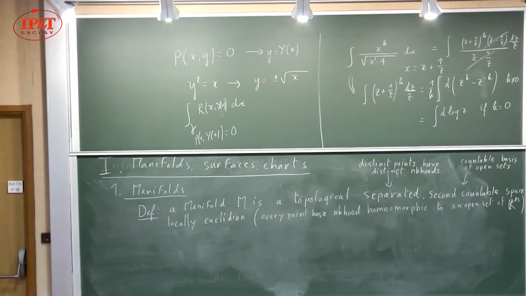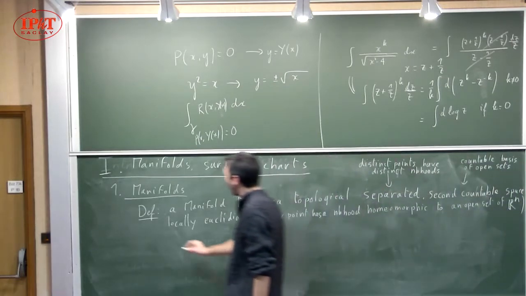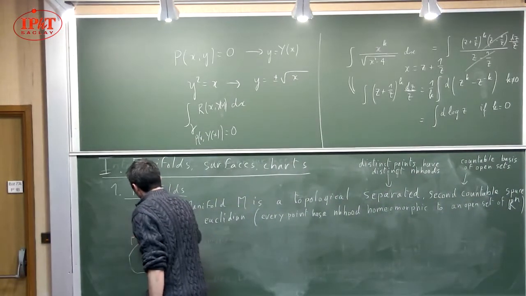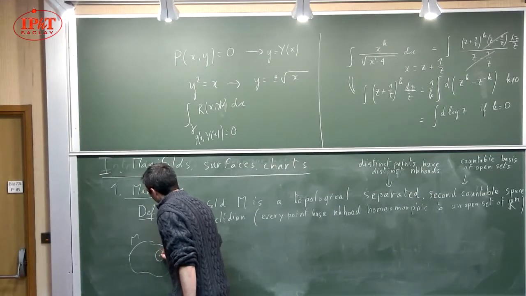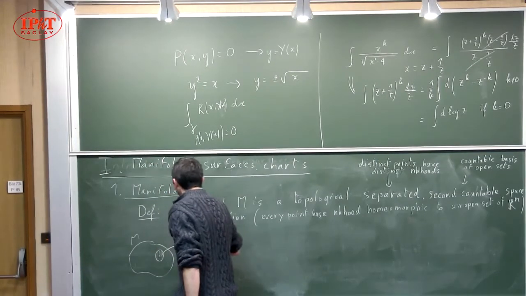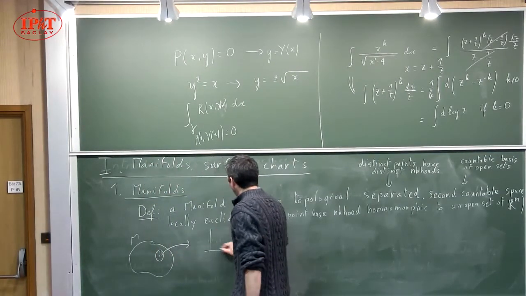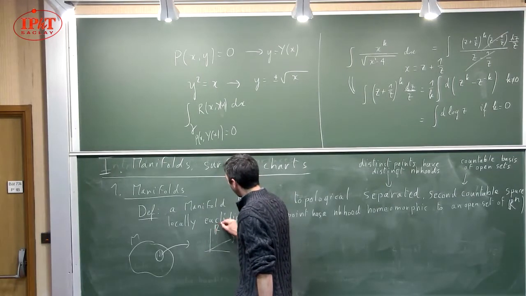So it means you have your big object M. Every point admits a neighborhood that is homeomorphic to some R^n.